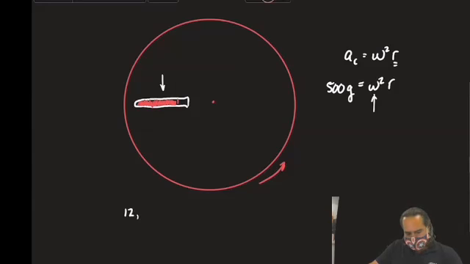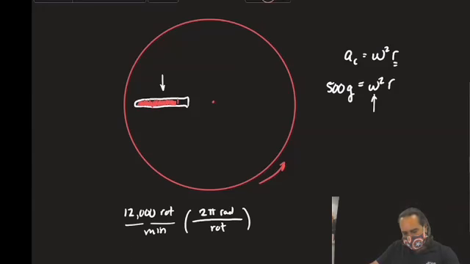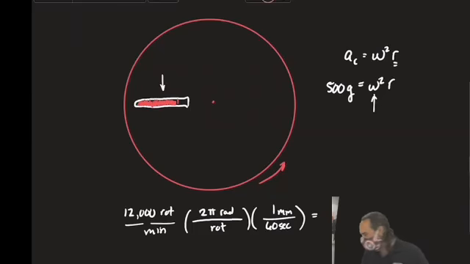So the first thing I'm going to do is take my 12,000 rotations per minute and convert it into radians per second. I will need some help with this, because although it's 2 pi radians every rotation, we have to go to seconds, so 60 seconds in 1 minute. So we've got to multiply that by 6.28 and divide by 60.